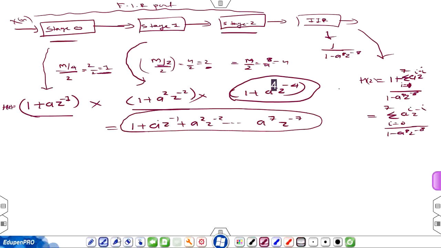So now talking about the zeros of this FIR filter. This is real z, this is imaginary z. This stage 0 will have a 0 at z equal to minus a.